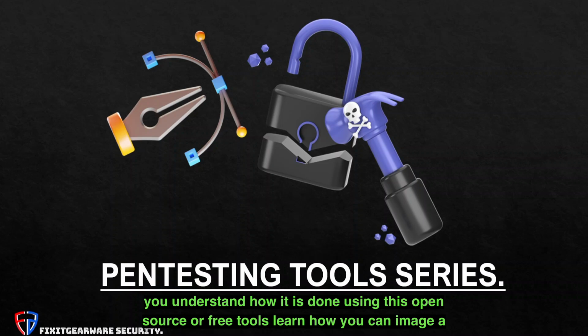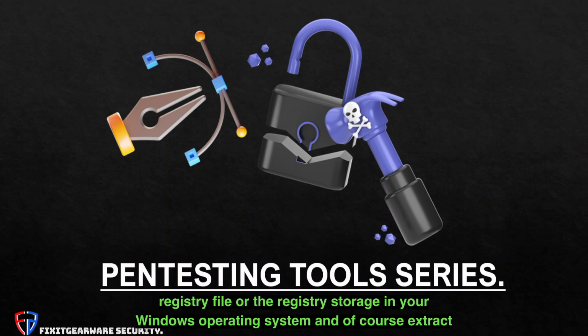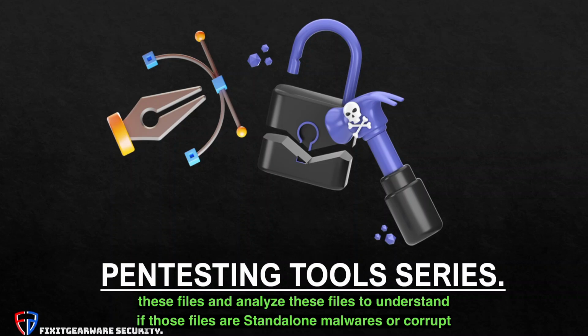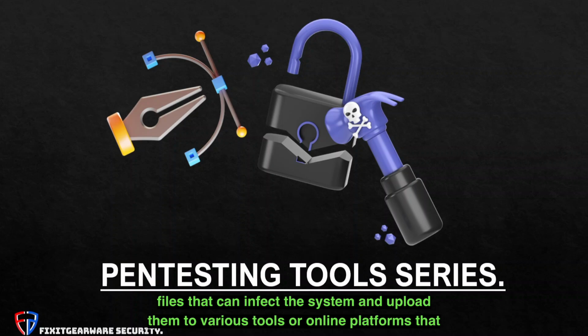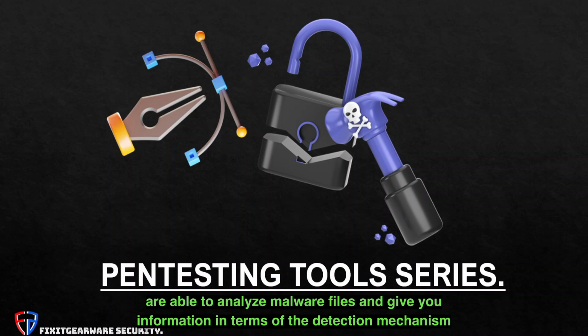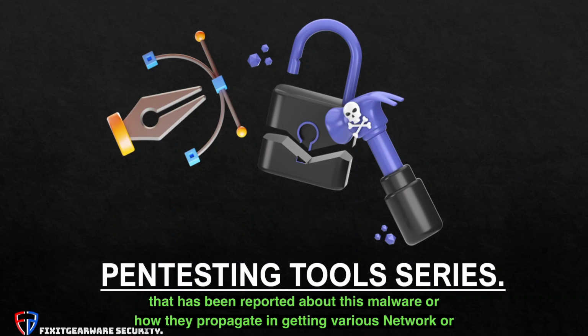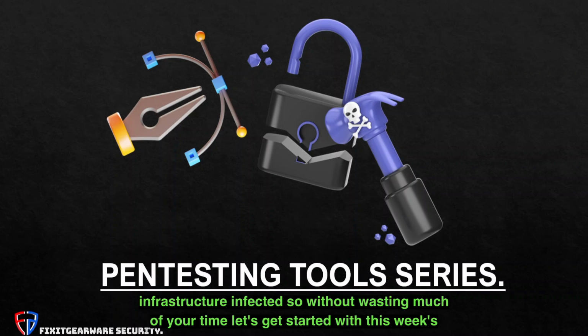Learn how you can image a registry file or the registry storage in your Windows operating system, and of course extract those files and analyze them to understand if they are standalone malware or corrupt files that can infect the system, and upload them to various tools or online platforms that are able to analyze malware files and give you information in terms of the detection mechanism that has been reported about this malware or how it propagates in getting various networks or infrastructure infected. So without wasting much of your time, let's get started with this week's episode.